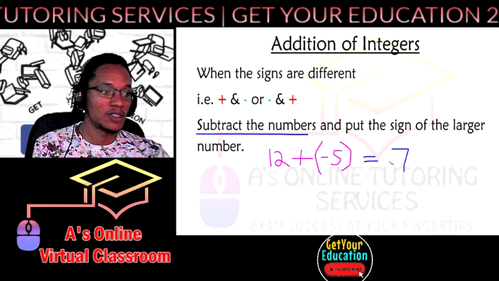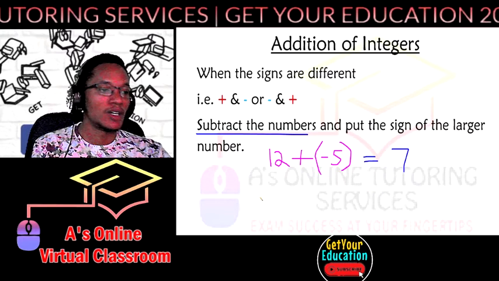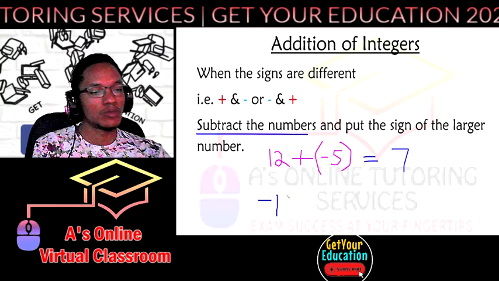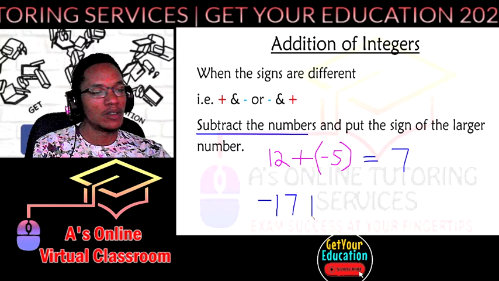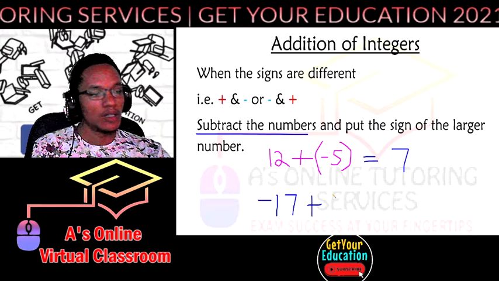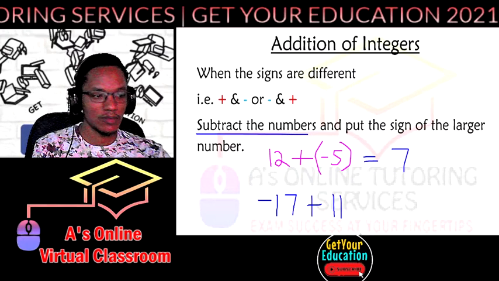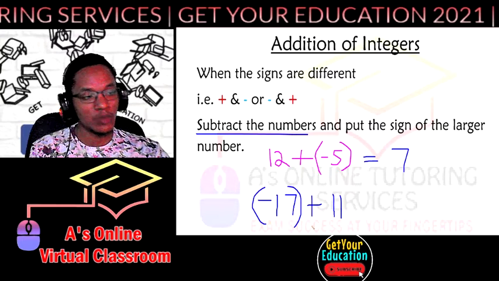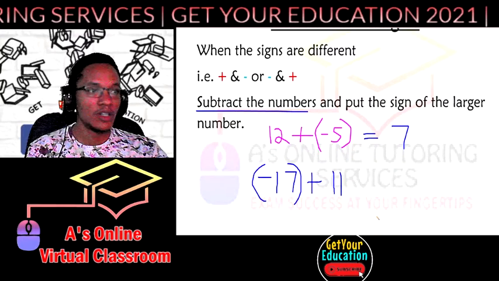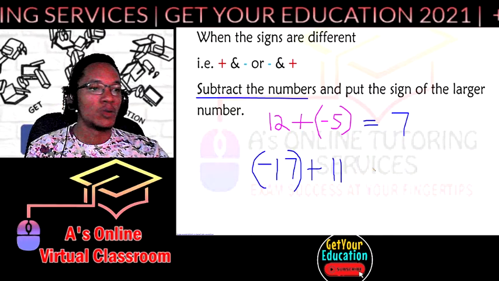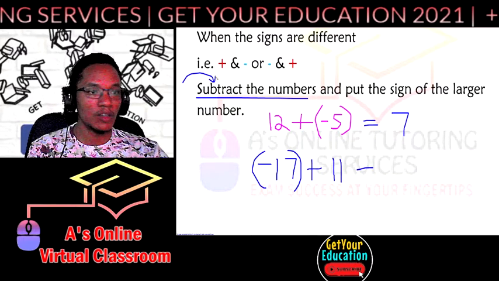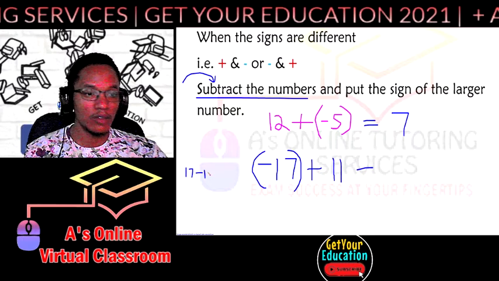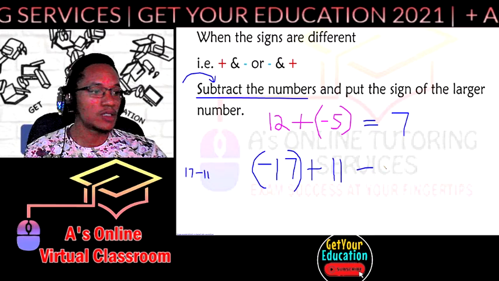That's the process. If we have negative 17 plus 11, these are two integers, a negative one and a positive one. Their signs are different. So what do we do? We subtract the numbers: 17 take away 11, which is 6.